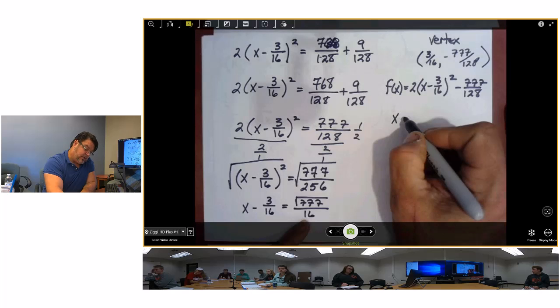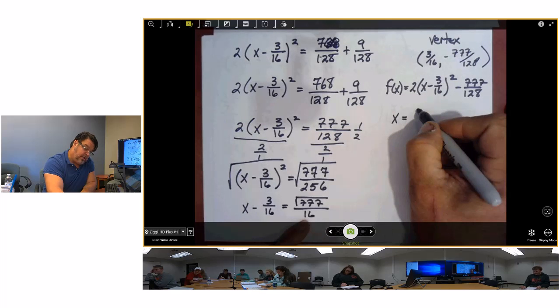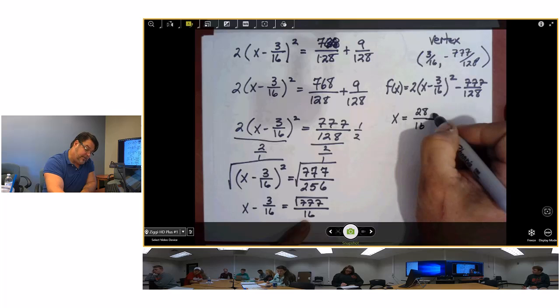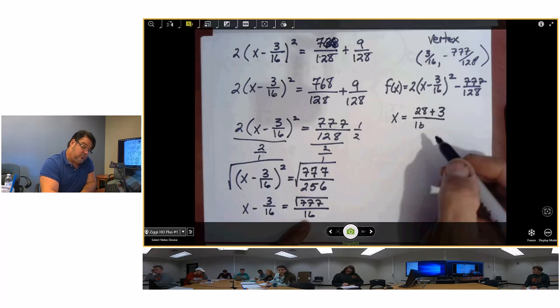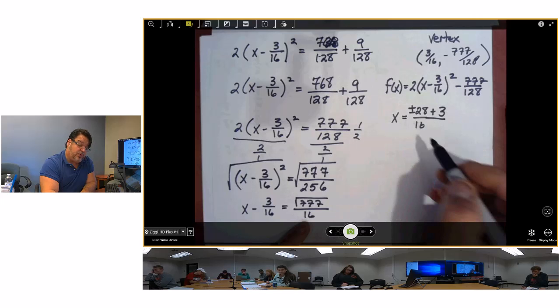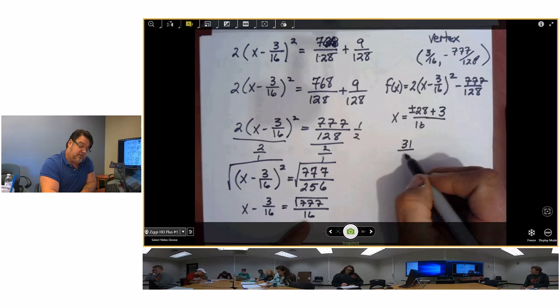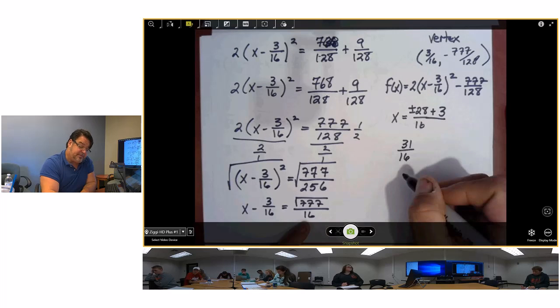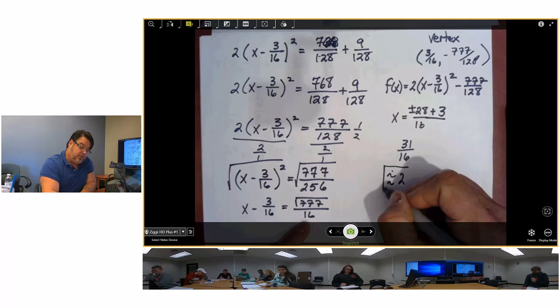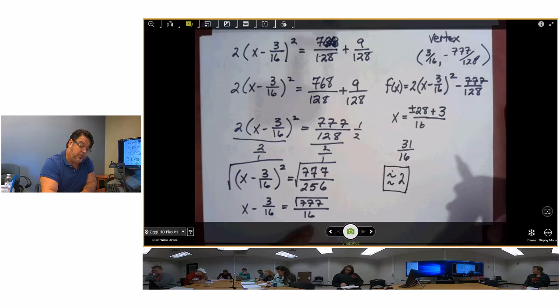x is equal to 28 over 16 plus 3, and that's positive or negative. So 28 plus 3 is 31 over 16, which is 2 and 15/16, which is approximately 2. So that's one x-intercept at 2.